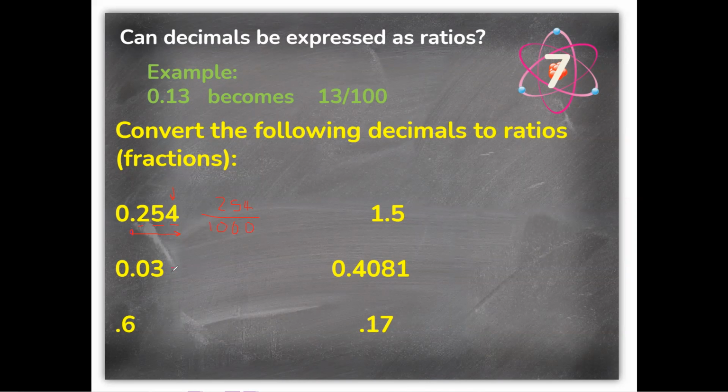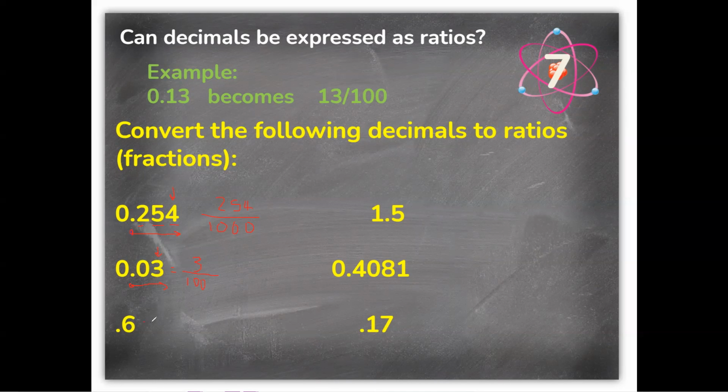Let's do this one now. So we've got 0.03. I'm looking at all the numbers after the decimal place. Technically, it's 0.3, but I know I can simplify that to just be a 3. Now I'm looking at the place value. The last number in our sequence is in the hundredths place, or there's 2 numbers after, so I need 2 zeros.